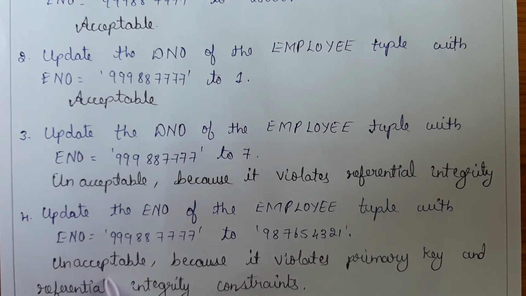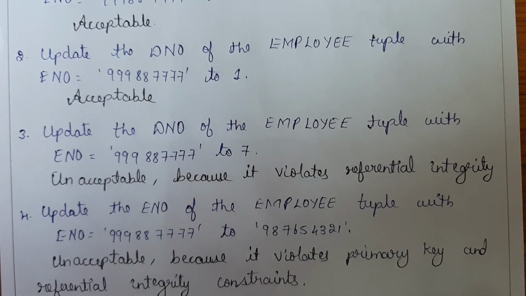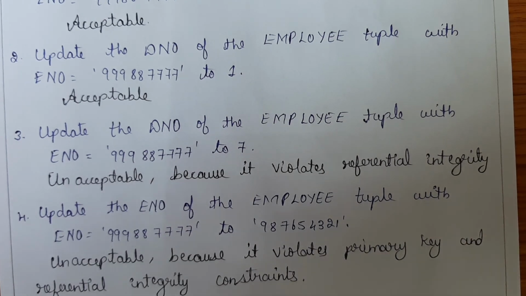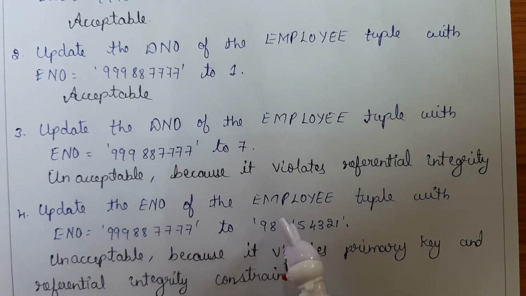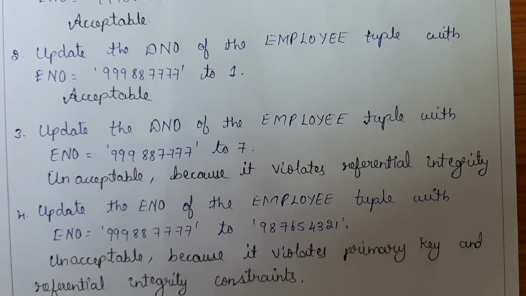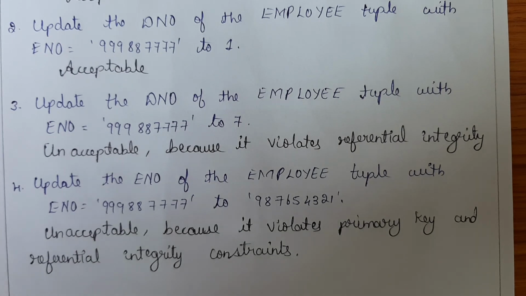This is not acceptable because it violates primary key and referential integrity constraints. The primary key should be unique and we are not able to change it, because the details for each ID are different. If we change the employee ID, we cannot keep the same details for this person. We cannot change the register number for another person and keep the student's details the same. So it will violate the primary key and referential integrity constraints.